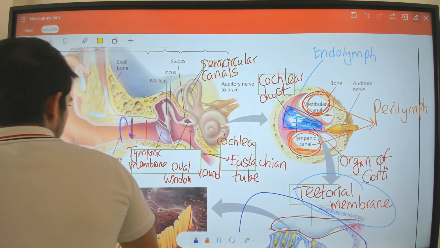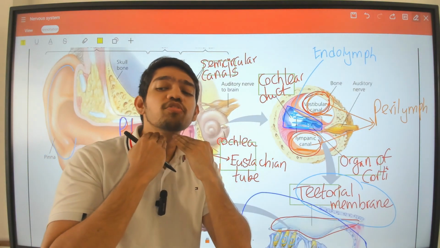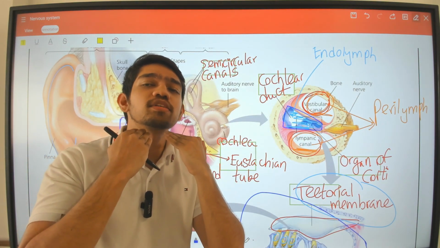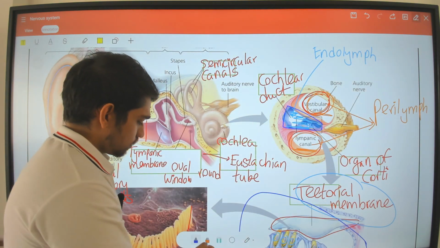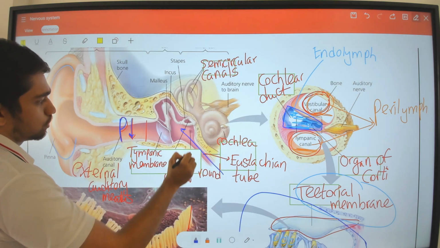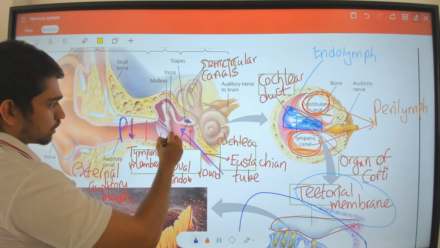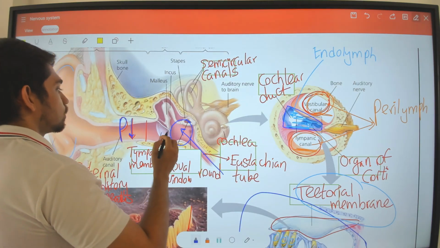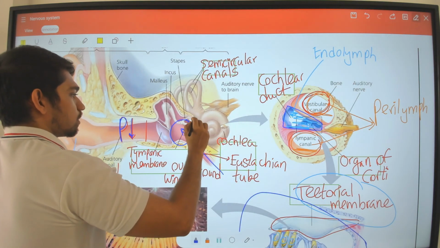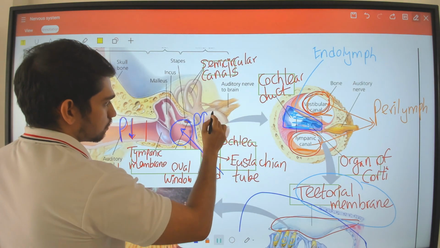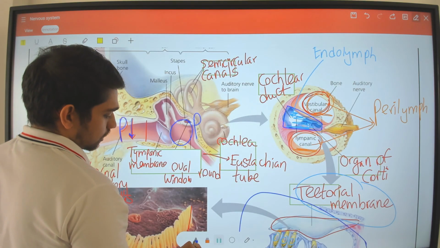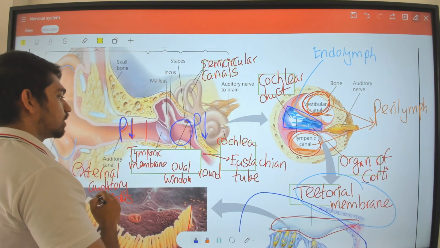What's going to happen when you stimulate your pharynx here? Through the eustachian tube, some fresh air is going to come. That fresh air is coming from the atmosphere. So that new air is going to equalize the pressure. It is going to decrease the pressure in the middle ear side as well.